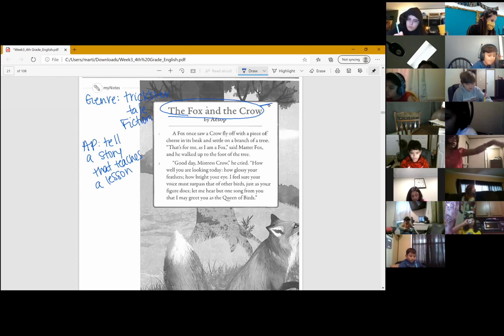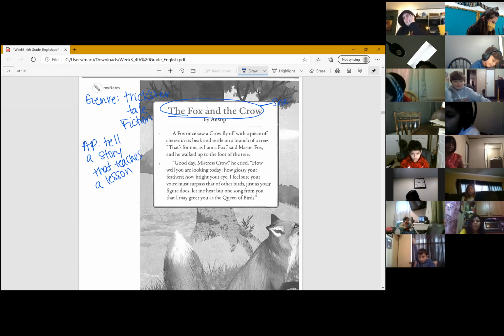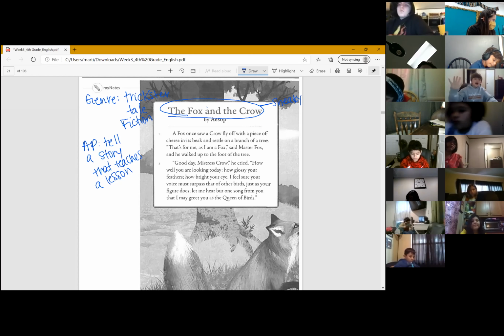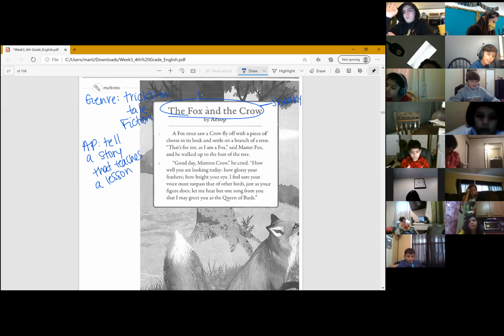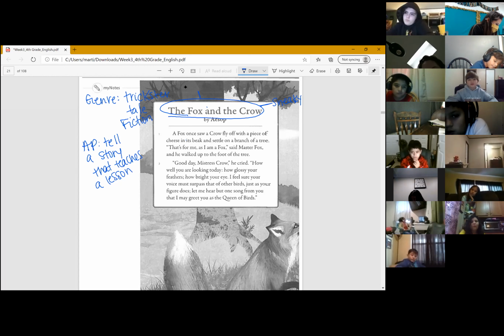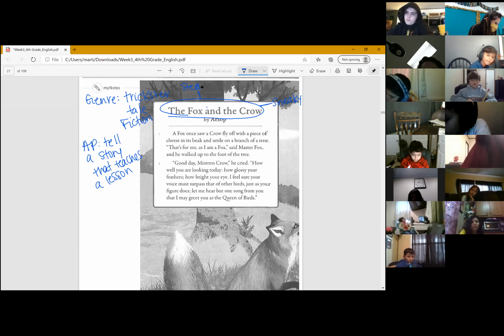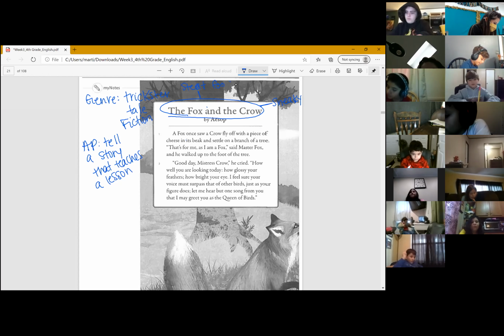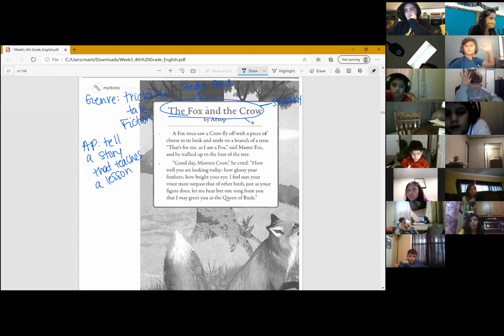What do we know about foxes? Sneaky. Ooh, I like it. Anything else about foxes, Axton? They're sly and they try to steal food off other predators. They try to steal food. What do we know about crows? They're black.